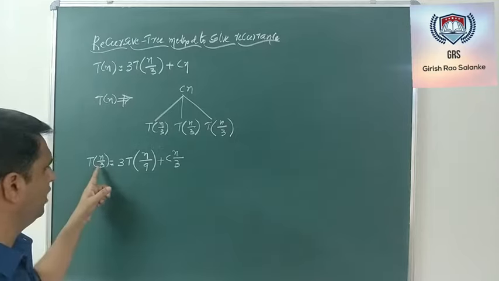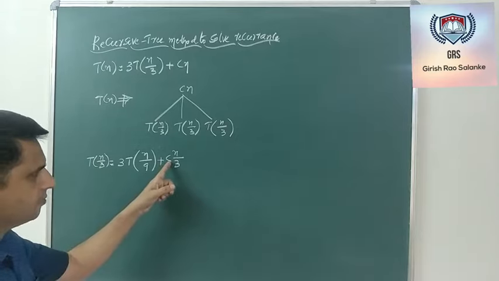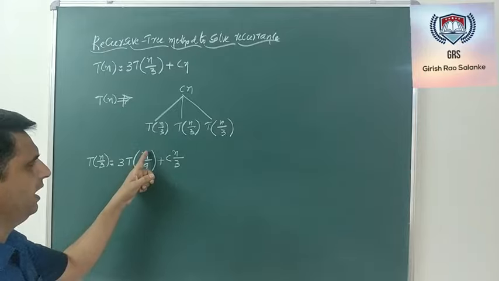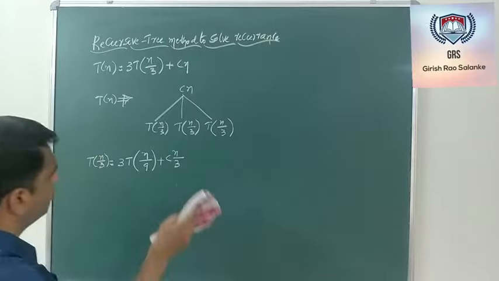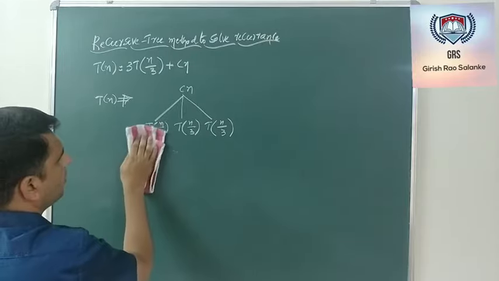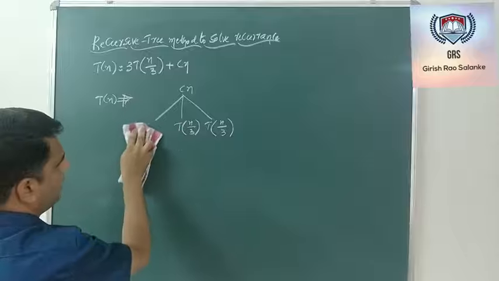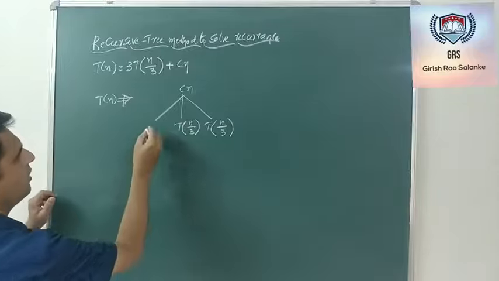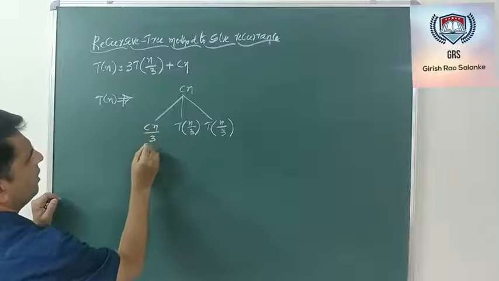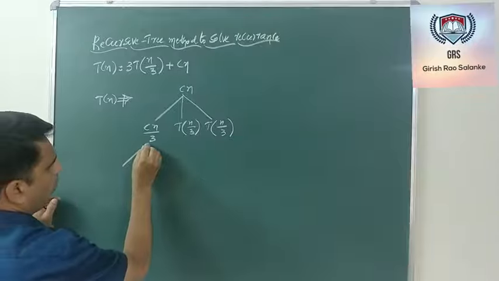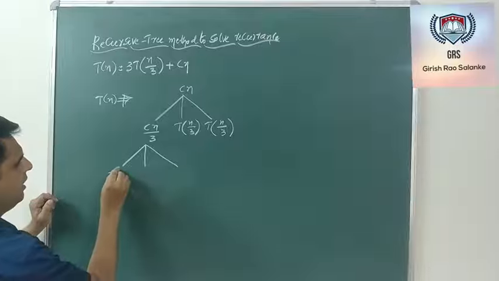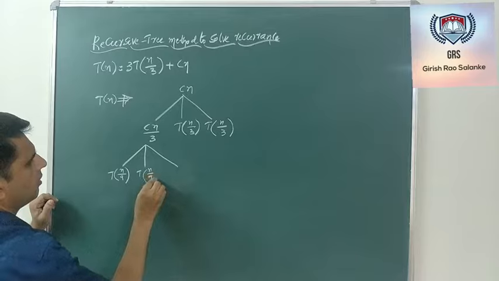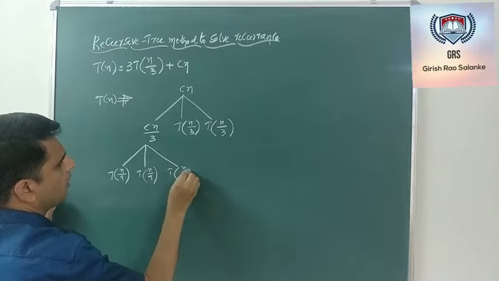I can write T(n/3) as cn/3 plus 3 times T(n/9). So what I will do is I'll write one of these T(n/3) like that. What was T(n/3)? T(n/3) was cn/3 with T(n/9), T(n/9), T(n/9) below it.